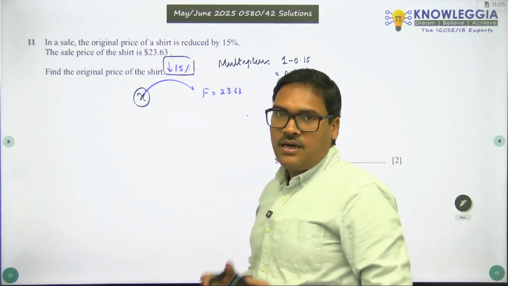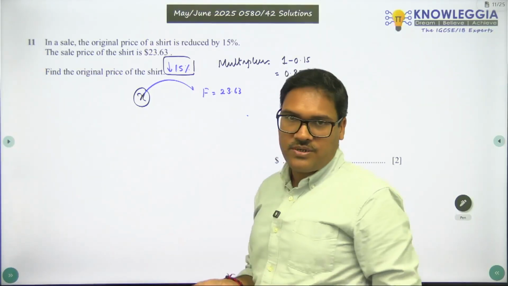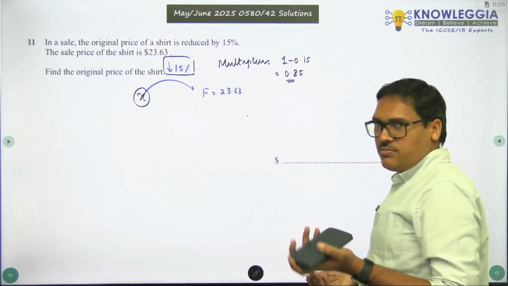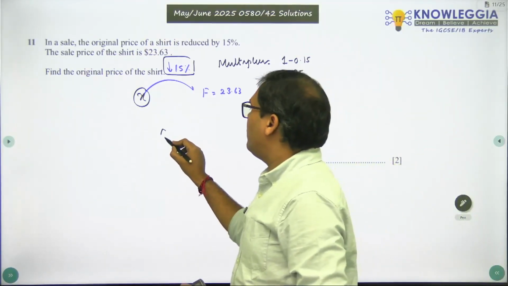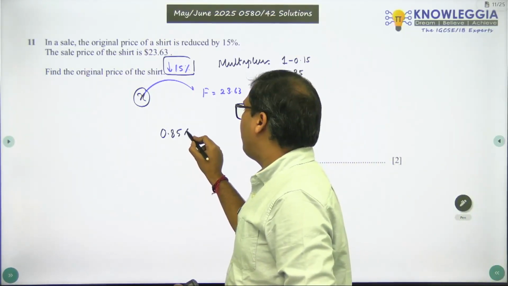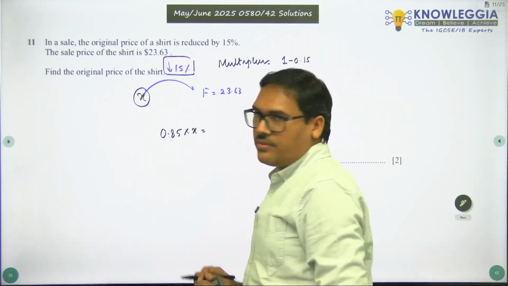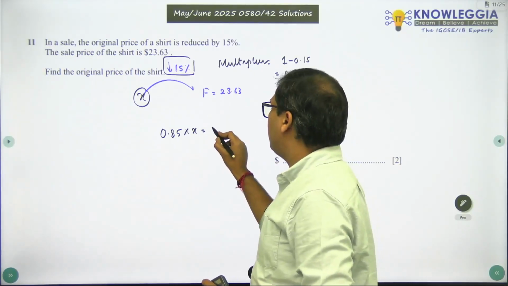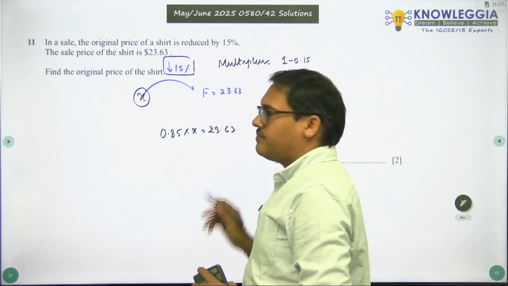I hope this is clear. 100% minus 15% is 85%, which is 0.85. So 0.85 multiplied with X is the final price, which is equal to 23.63.